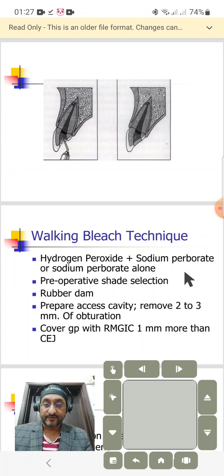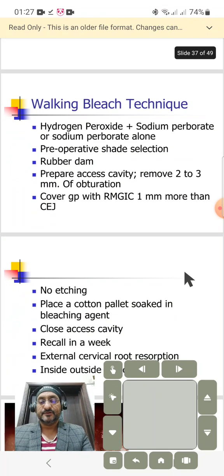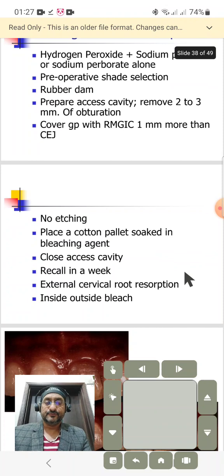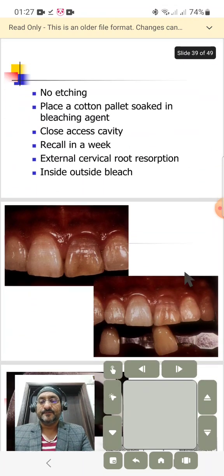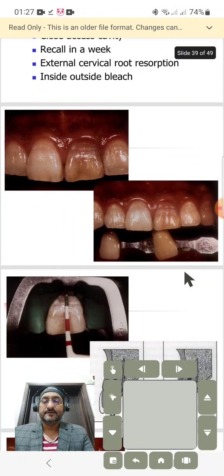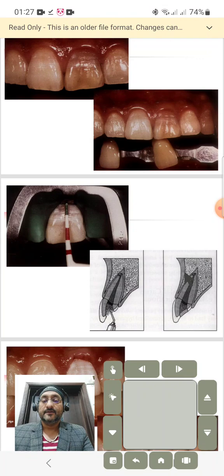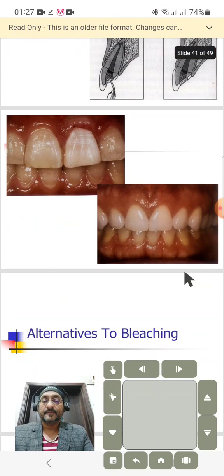You are supposed to remove 2 to 3 millimeters of the obturation material and cover it with some material, and isolation is also important. You're not supposed to do etching. Let the cotton pellet soak with bleaching agent, close it, and recall the patient after a week. You can see the results; sometimes it works surprisingly well.